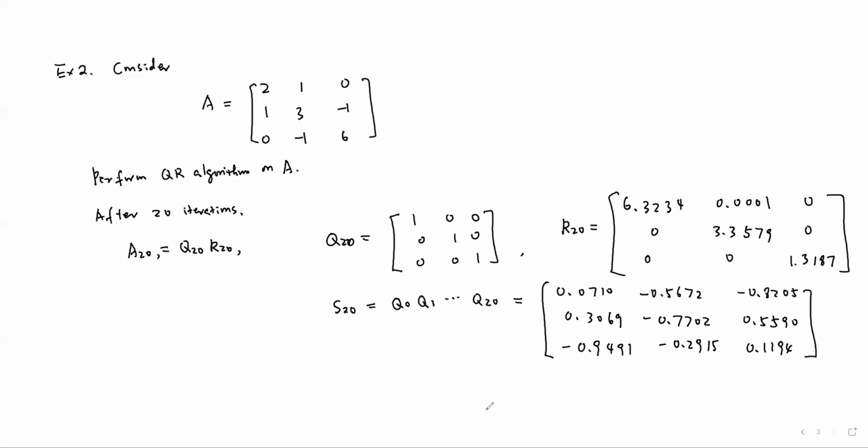Okay, now iteration number 21. A21 is R20 times Q20.